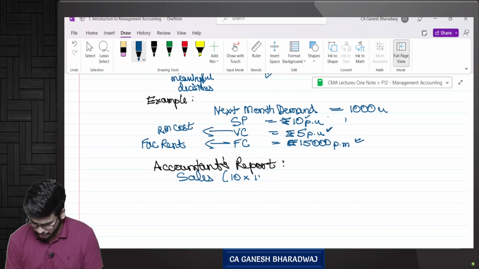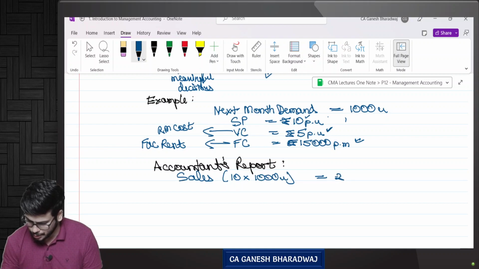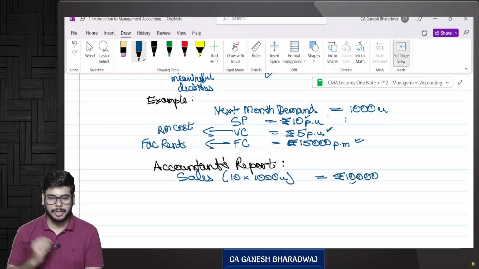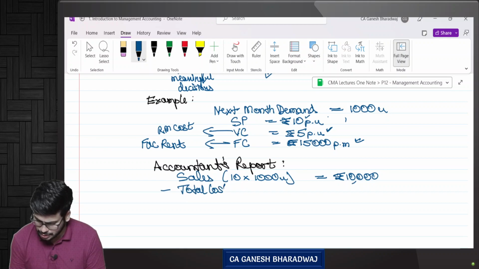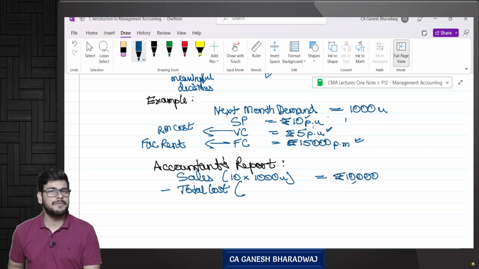And how many units we are going to sell? 1000 units, correct? So total sales will be how much? Rupees 10,000, correct or not? Yes. Then what will be my total costs? Fine, it's very simple. Total cost is variable cost plus fixed cost.